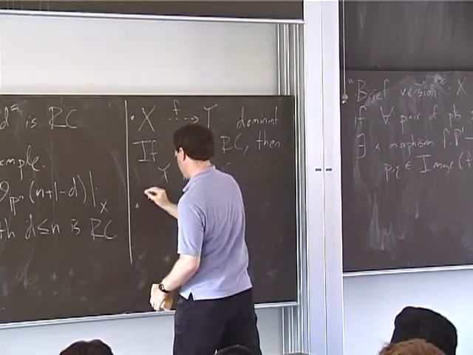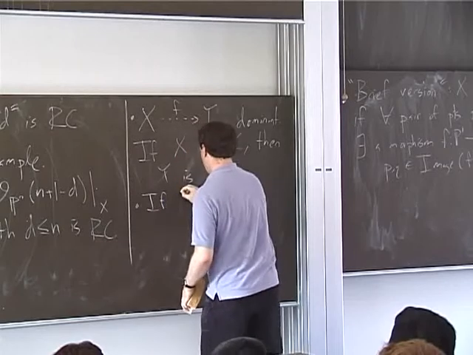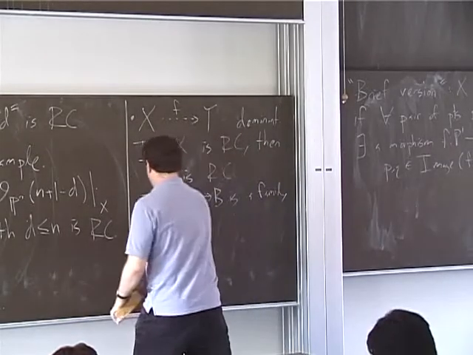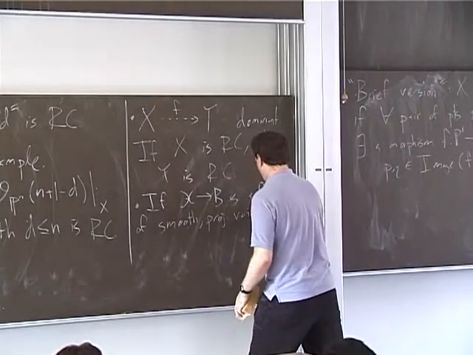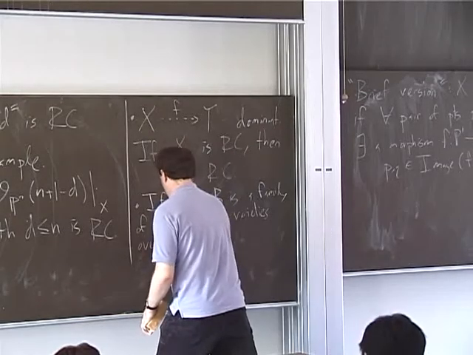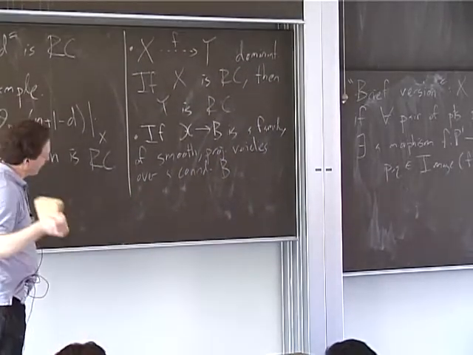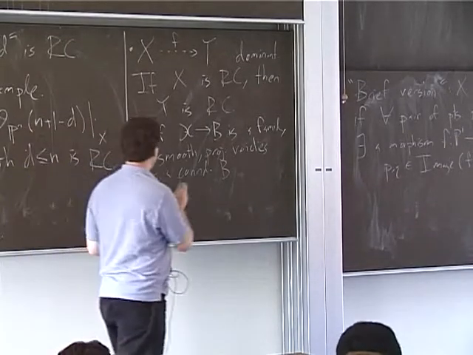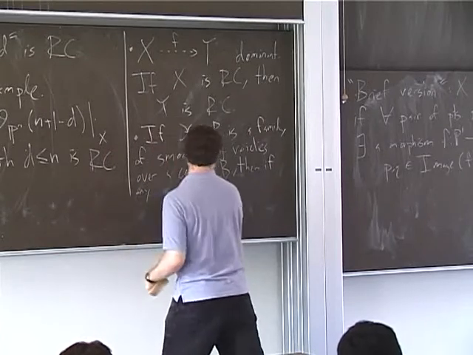Another sort of robustness test here is that if X to B is a family of smooth projective varieties over a connected base B, in other words, a smooth projective morphism, and you think of the fibers of this morphism as being varieties parametrized by the points of B, then if any fiber is rationally connected, then every fiber is rationally connected.